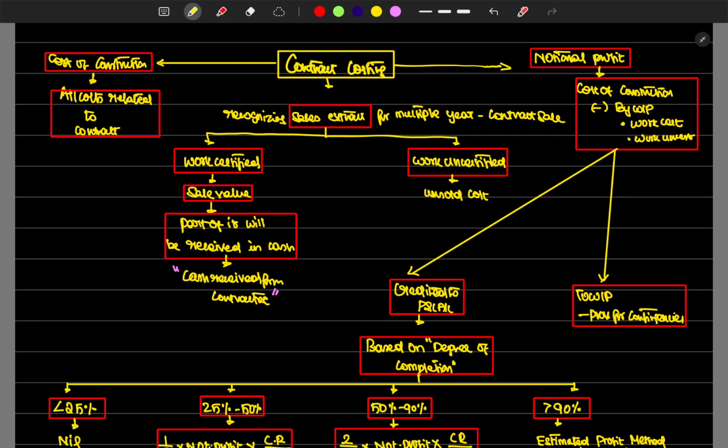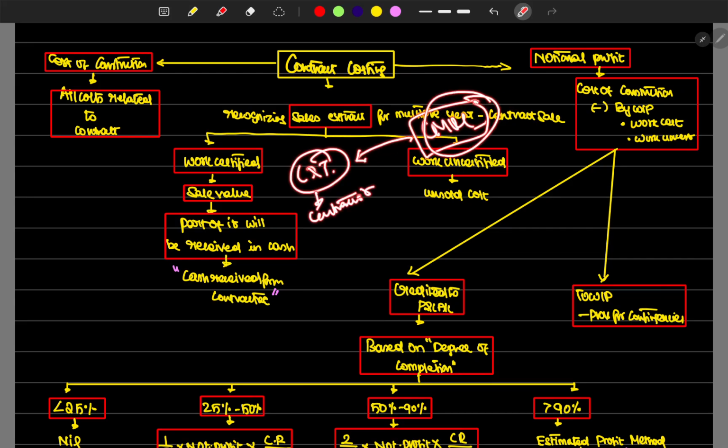Like for example, let's take L&T. L&T is the contractor. Let's take the Chennai Metro Rail, CMRL. Chennai Metro Rail is a government corporation, and they will go to L&T to build these metro works.